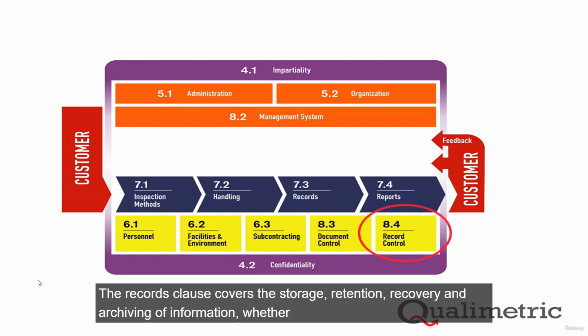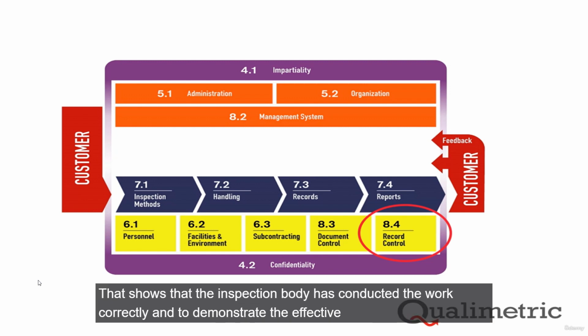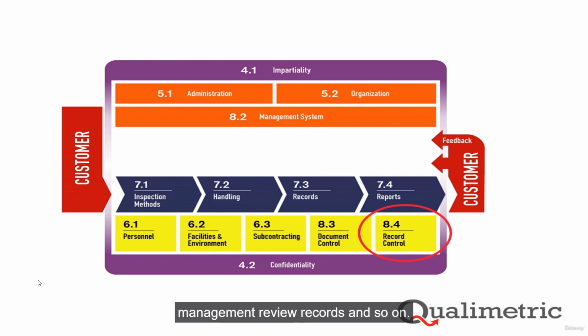The records clause covers the storage, retention, recovery and archiving of information, whether held on paper or electronically, that shows that the inspection body has conducted the work correctly, and to demonstrate the effective operation of the management system by retaining, for example, personnel and training records, audit and management review records, and so on.